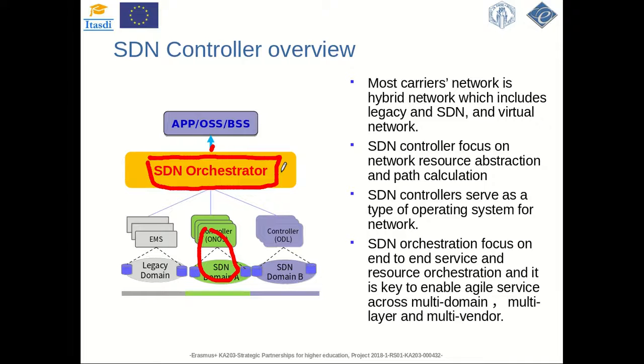SDN controllers serve as a type of operating system for the network, or in generalization, this is the SDN orchestration, which focuses on end-to-end service and resource orchestration. It is the key to enable agile service across multi-domain, multi-layer, and multi-vendor networks. So this is the key.